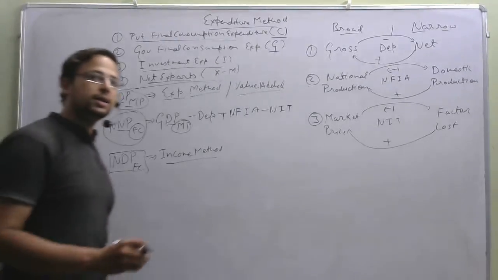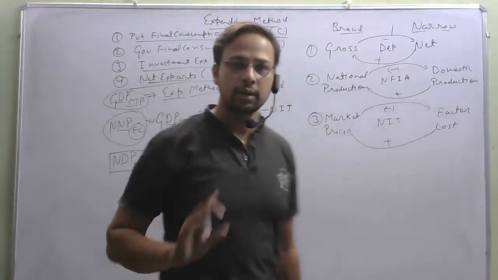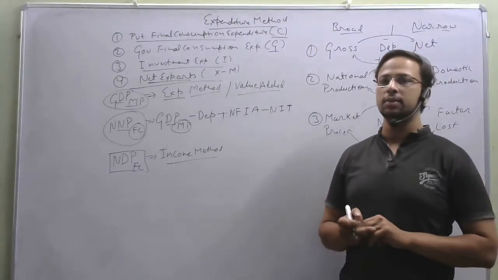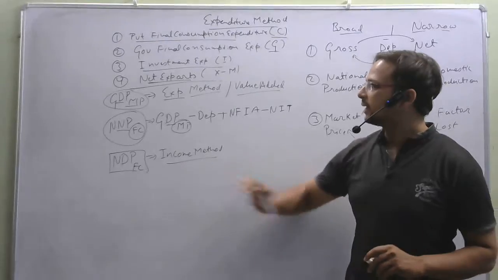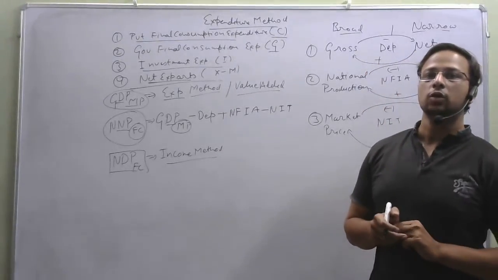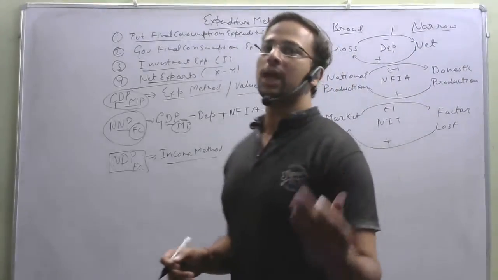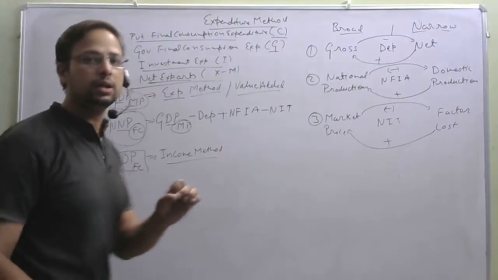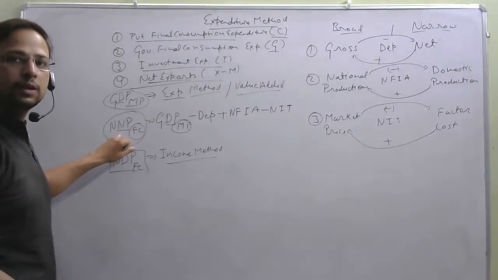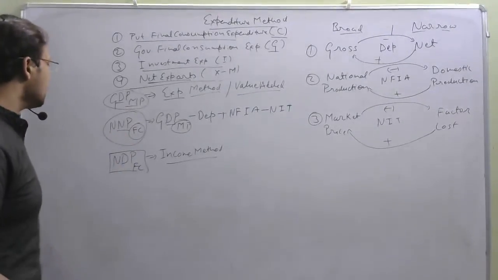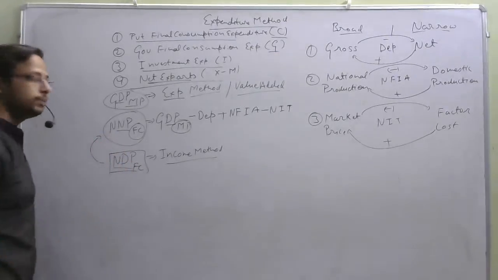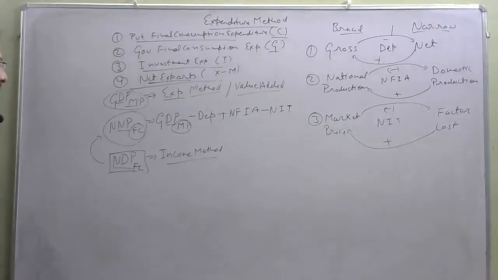All three methods take us to a particular point, whether it is GDP at MP in the case of value added and expenditure method, or NDP at FC in the case of income method. So we will have to convert those into national income, because the aggregate of national income will always remain the same, and that is NNP at FC. So what you need to do is to convert this NDP at FC to NNP at FC. How do we do that?